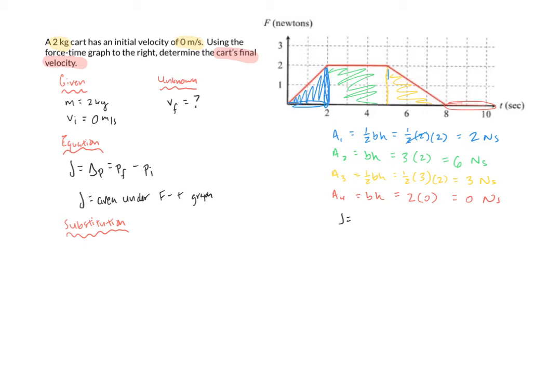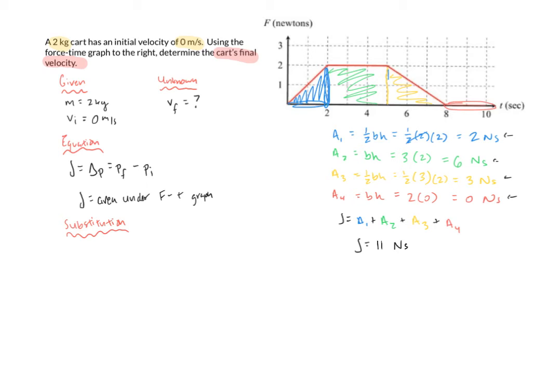J equals A1 plus A2 plus A3 plus A4. So my total impulse is going to be 2 plus 6 plus 3 plus 0, which is going to give me a total of 11 newton seconds.